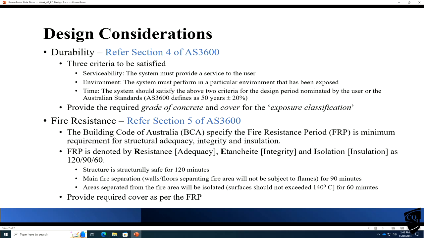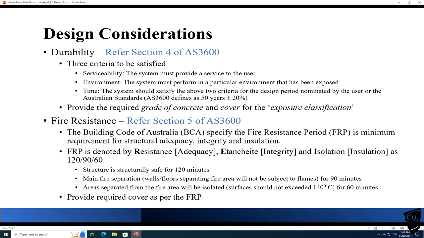The next one is integrity. You should not let any smoke or flame into the adjacent areas for at least 90 minutes, according to this. It doesn't mean 90 degrees.